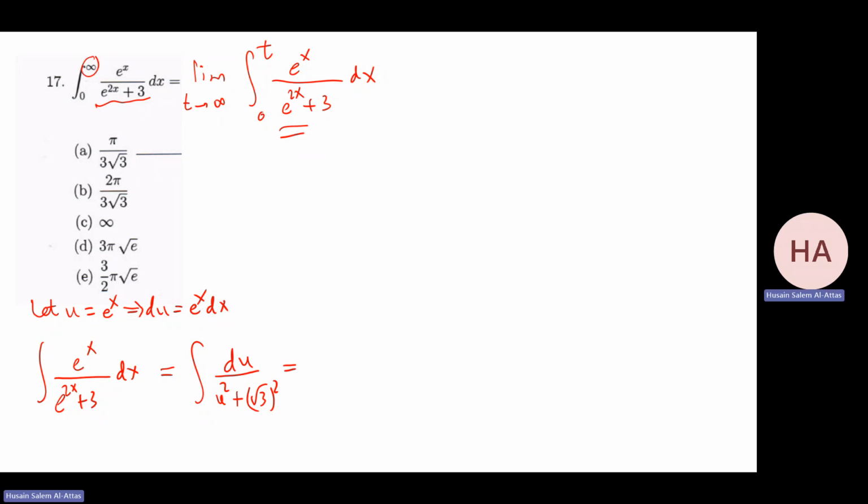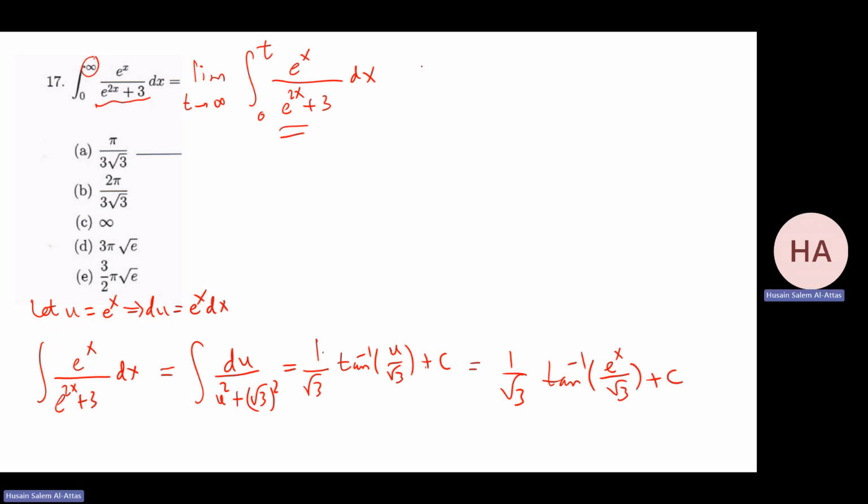That will be what? Tan inverse. So I have 1 over square root of 3 tan inverse of x over square root of 3. Not x, u. Let's see, and what is my u? It is tan inverse of e to the power x over square root of 3.